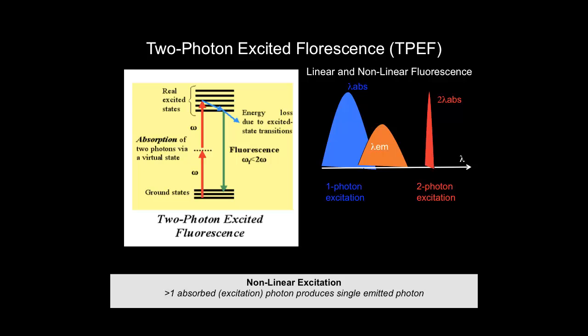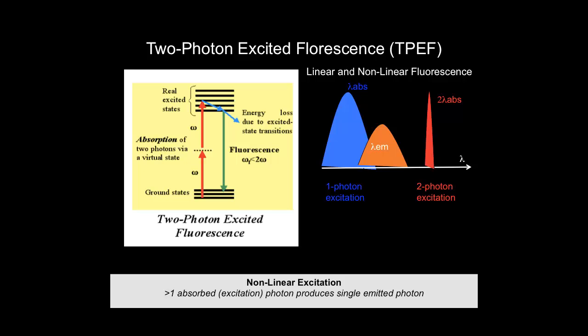If we compare with the linear process, again, if you excite the same molecules with 400 nanometer, you expect the emission spectrum to be on the right of the spectrum in the linear case. If you excite them with 800 nanometers, so imagine you have molecules, and these are the energy states that correspond to that molecule. You can excite them with one photon, so you would have one photon that gets the molecule excited from this level to this level, and that corresponds to this excitation.